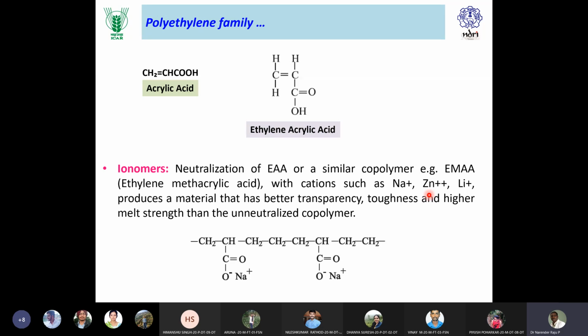That produces better properties, either in terms of optical properties, mechanical strength, or thermal properties, compared to their native unneutralized copolymers. So they have technological advantages.